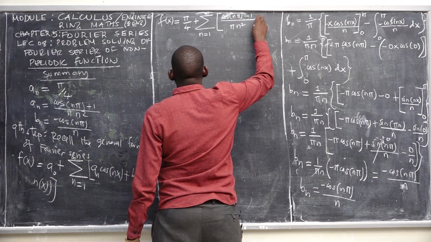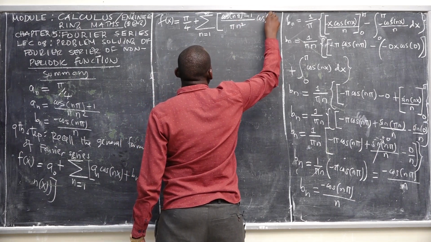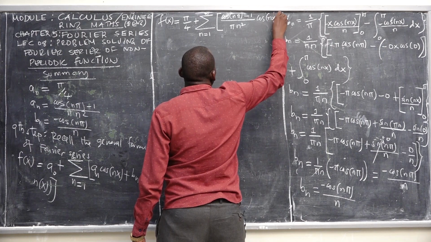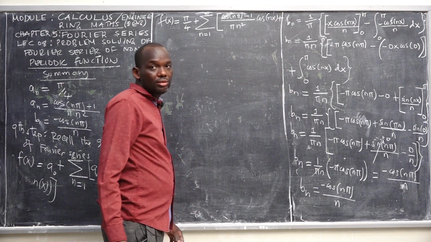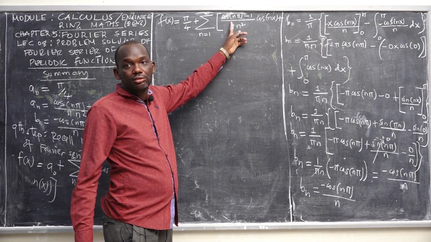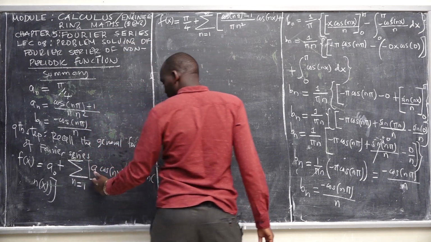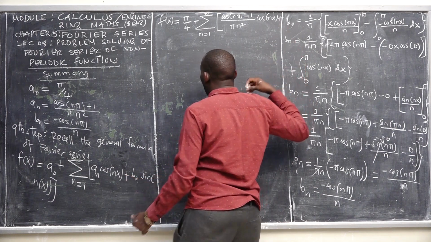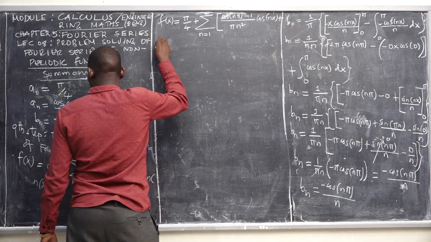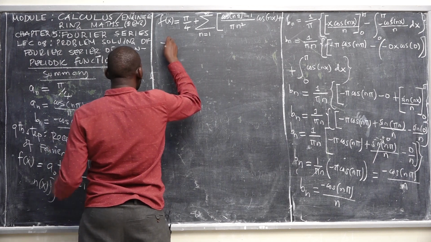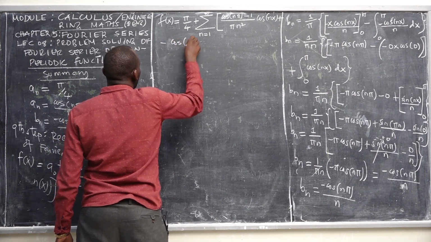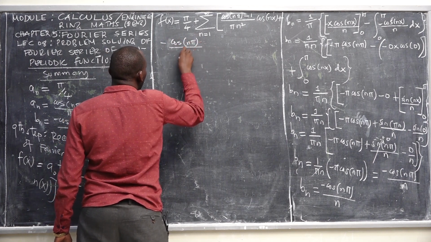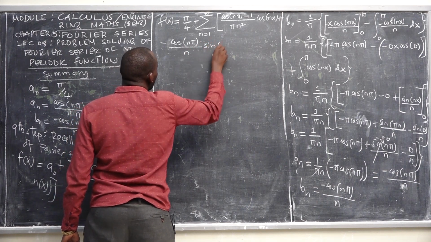Then you have cosine of nx plus, this is an, just like what you have here. So this is the point where we are. What is bn? bn is negative cosine of n pi over n, and sine of nx.